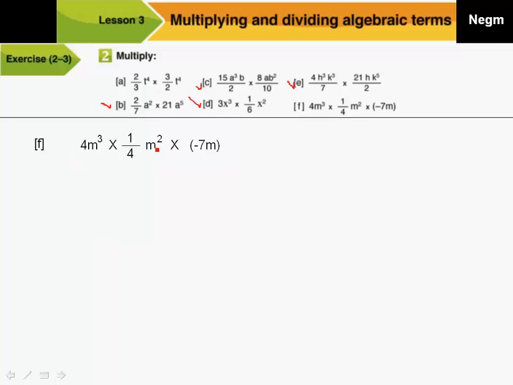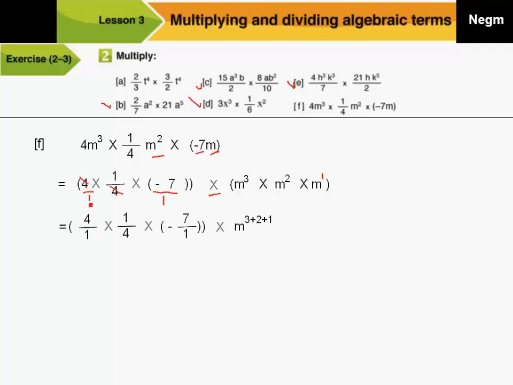Let us solve F. Together we have 4 multiplied by 1/4 multiplied by -7, and this will be times m to the power 3 multiplied by m to the power 2 multiplied by m. M means m to the power 1. 4 can be written as 4 over 1. -7 can be written as -7 over 1.